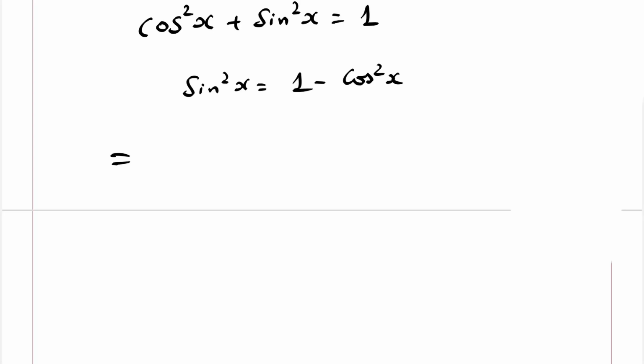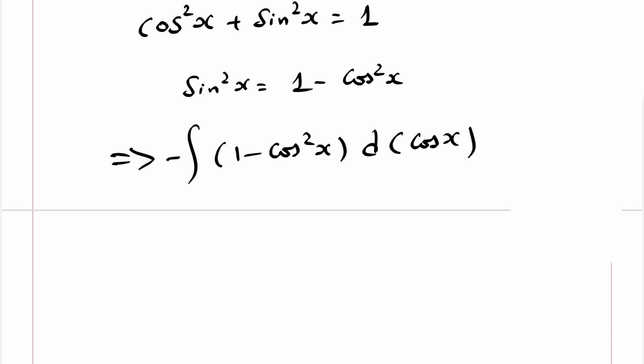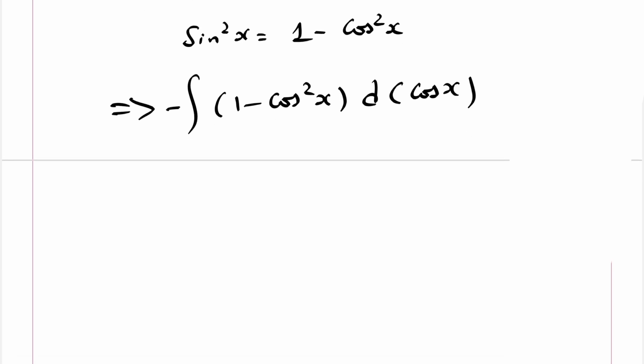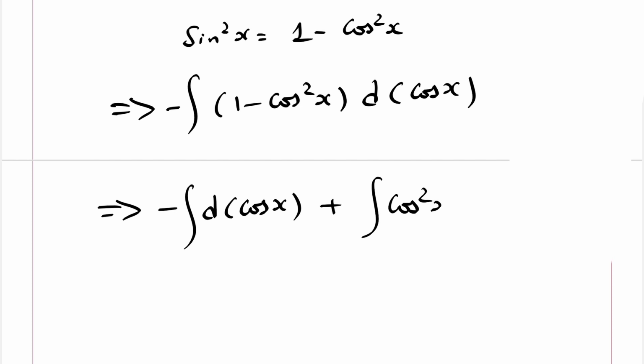Therefore, our integrand is 1 minus cos square x d of cos x, with the negative symbol over here. So just distribute this differential all over: minus integral d of cos x plus integral cos square x d of cos x.